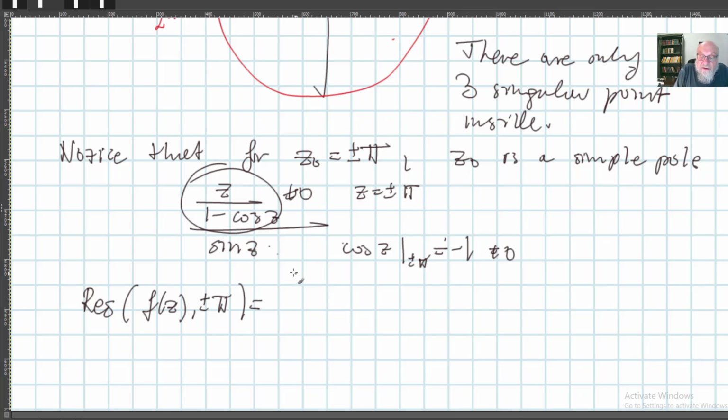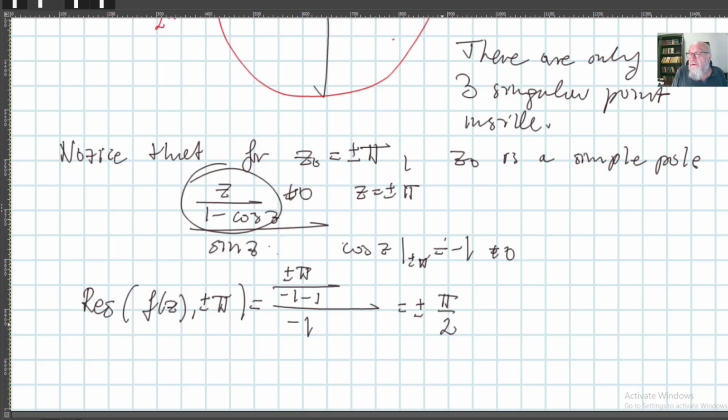Maybe write it down like this again: plus minus pi divided by minus 1, and here we have cosine, so it again will be equal to minus 1. You look at this and say minus 1, so you have plus minus pi over 2. Yeah, so we have it.